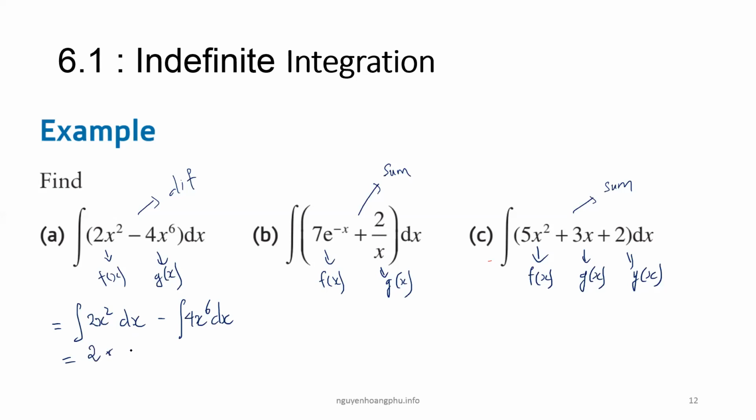This one is going to be x^(n+1), so n plus 1 is 3, divided by n plus 1 which is 3, right? Minus 4 x^(n+1), which is 7, divided by n plus 1 which is 7, right? Okay. And here we put a constant c. Don't forget constant c. Okay?